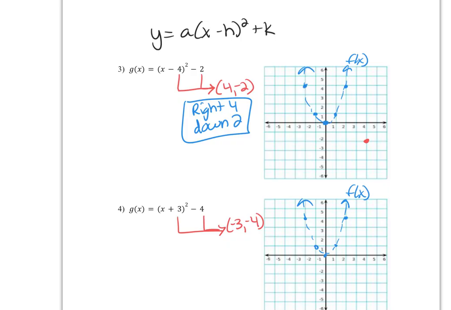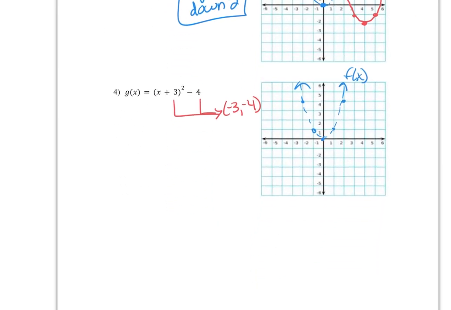Right 4, 1, 2, 3, 4, down 2. Each point the same way. Okay, and so you can see our whole graph has now gone to the right 4 and down 2.